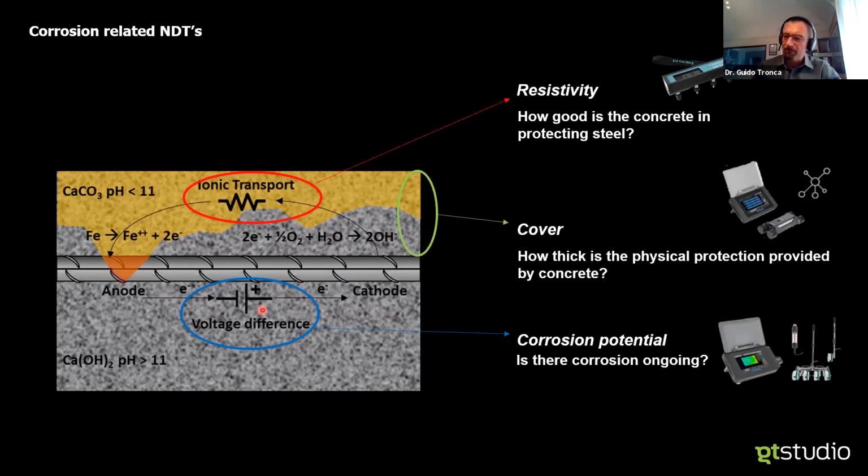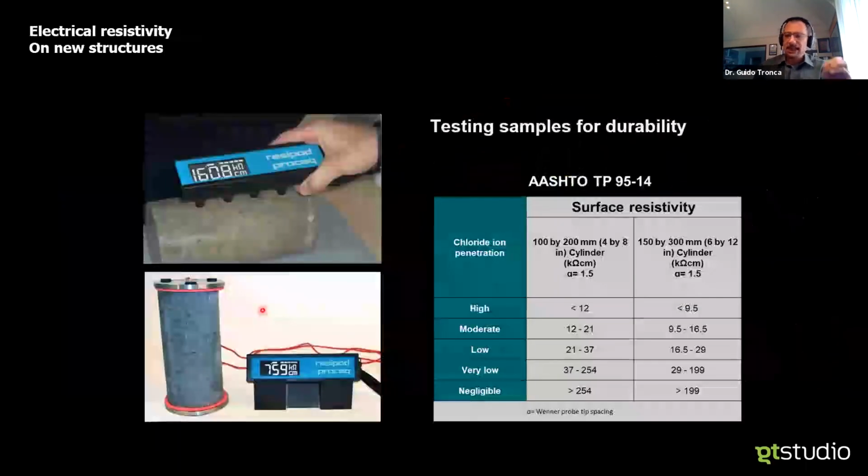So we already covered, or at least we mentioned, the cover measurement with the eddy current locator as number one cover measurement. Let's touch a couple of points on resistivity. Electrical resistivity has a dual approach. It is performed both in the lab, on the new samples, the same samples that are typically used for compressive strength, which nowadays are also being tested for resistivity.